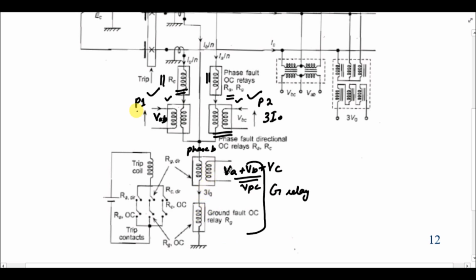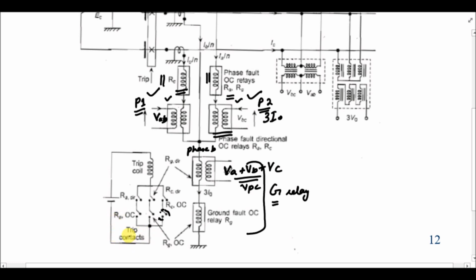So we have two phase relays P1 and P2 and one ground relay, that is G, and here the contacts are shown. So if the overcurrent relay is being operated, firstly the directional element of the relay should also operate, otherwise there will be no signal to the trip contacts.